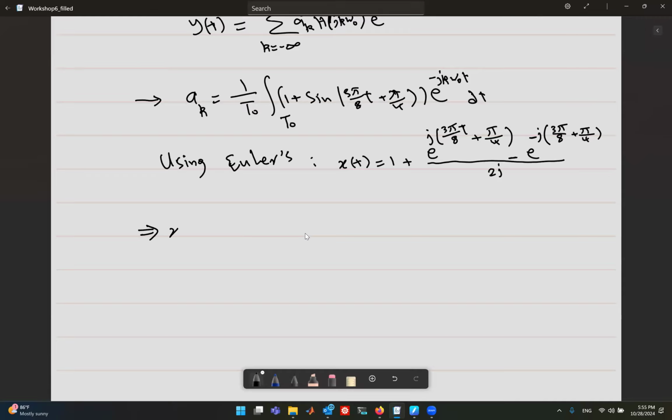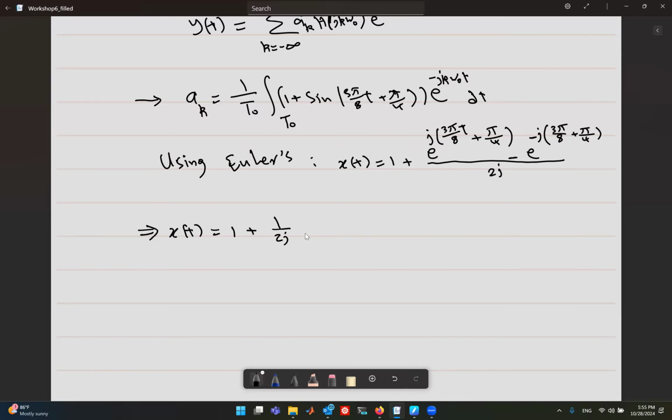Then let's simplify it a little bit. 1 plus 1 over 2j. It's better to split this exponential, because we might be able to find the value of exponential j pi over 4.